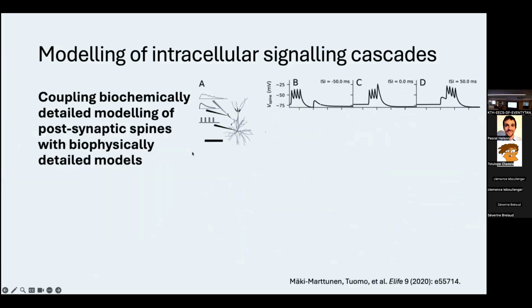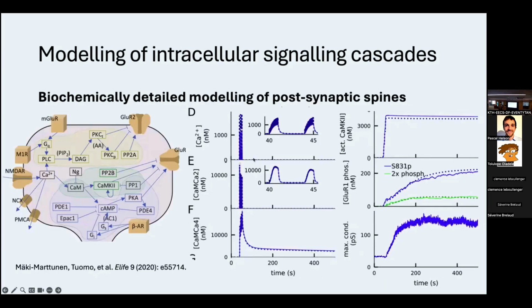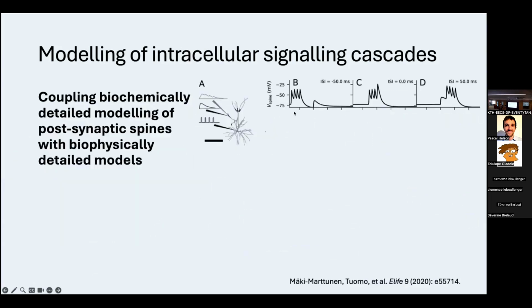And this can be coupled to the kind of models that I showed before. So here we have done it offline. So in this example, we gave just square pulse currents of calcium. But in a more realistic setting, you should take the calcium input from, for example, simulation of in this case layer 2-3 pyramidal cells.